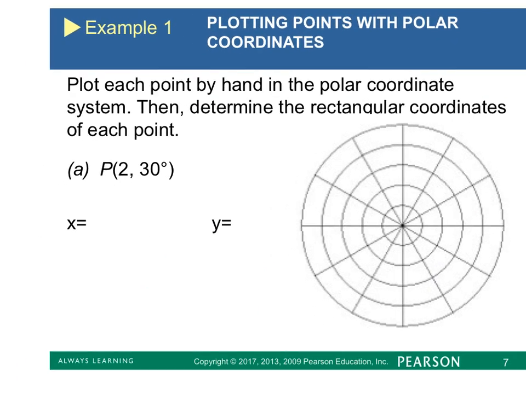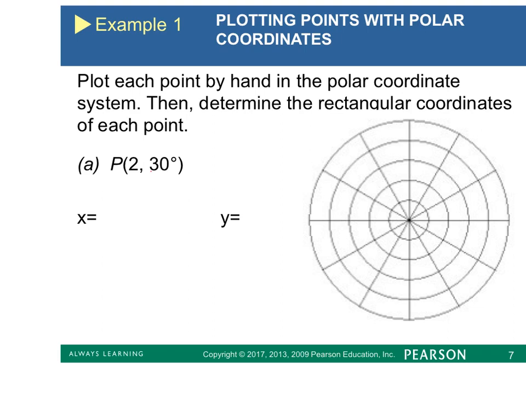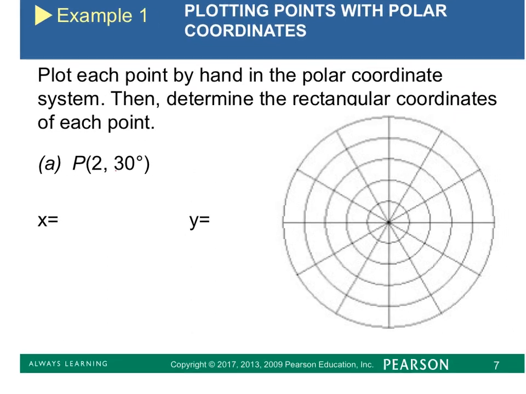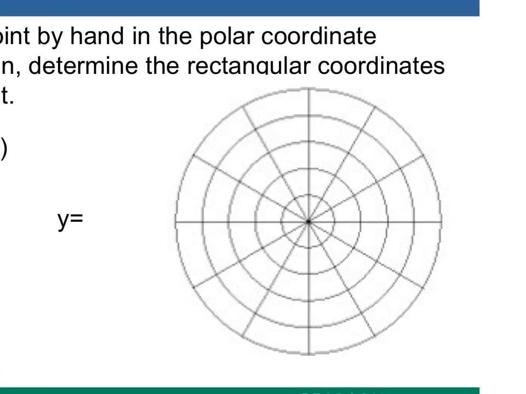So let's plot. Oh, I just did that one. I don't know why that was in my head. 2, 30. So here is my blank polar graph, and see, it's not always going to be this pretty. It's not always going to be spaced out this way, but this is a good one because we know this stands for 0 degrees, and this stands for 90 degrees, or pi over 2.